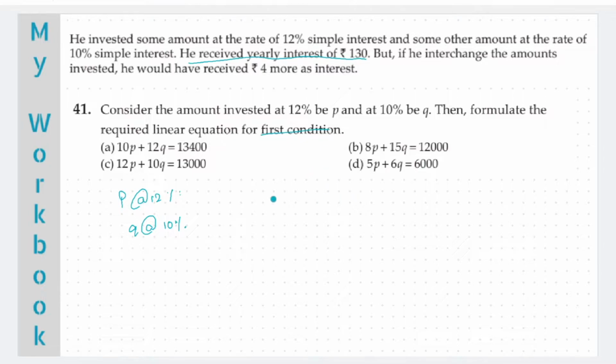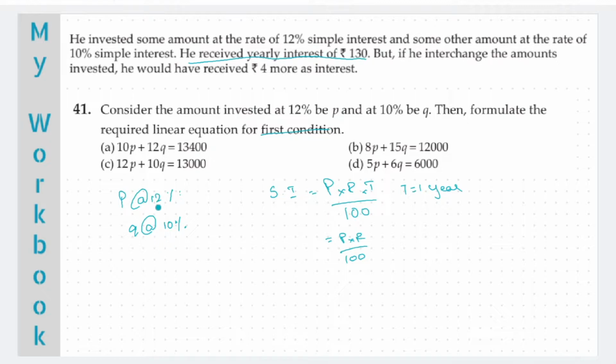So what is the formula for simple interest? It is P into R into T by 100, principal into rate of interest into time period in years by 100. In this case, time period is 1 year. It says yearly interest. So we can consider T to be 1. So the interest will be given as P into rate of interest divided by 100, where P is the principal amount invested and R is the rate of interest.